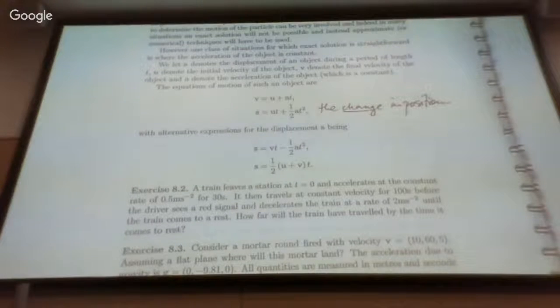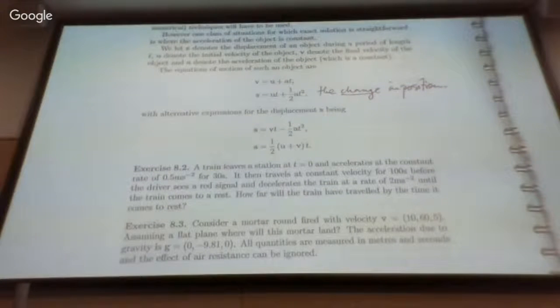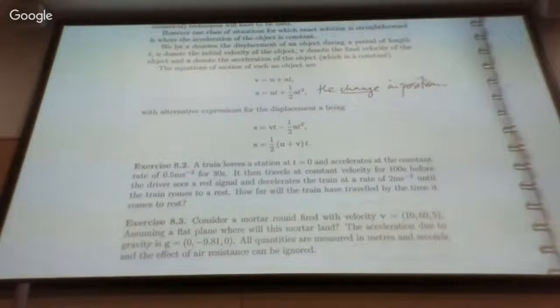Okay, so we might look at exercise 8.2 here to illustrate how some of these ideas can be used. We're not yet into talking about how the virtual environment simulates or approximates any of this, but that's coming in a moment.